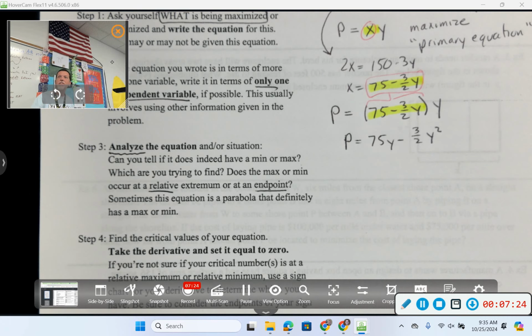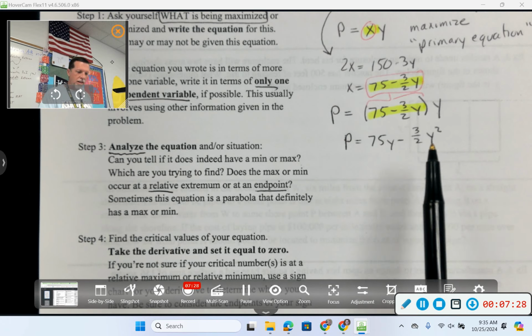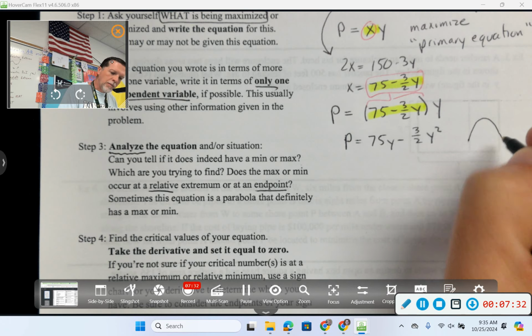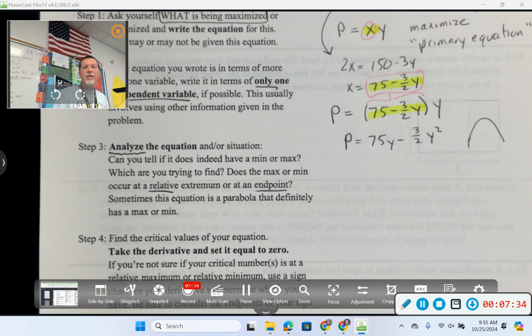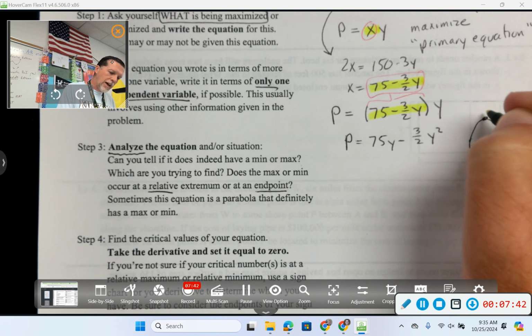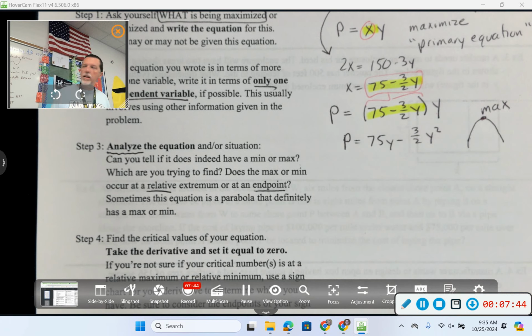Yep, most of you are doing a parabola, but an upside down parabola, because of the negative y squared. So sometimes, not always, and maybe not even often, but sometimes you can get a feel for what the thing looks like. And if that's the case, and we know we're looking for a maximum, well, that would be the maximum right there. So this thing does have a max. I can probably find the max.